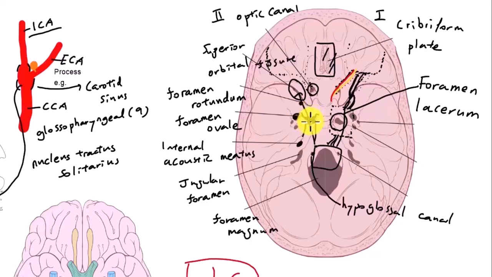So it's a hole made by 3 different cranial bones. Right behind it is internal acoustic meatus, and through here, last time we mentioned that the labyrinthine artery went through to supply the vestibule and cochlea, and along with it lay the facial nerve, the cranial nerve 7, and vestibulocochlear nerve, the cranial nerve 8.